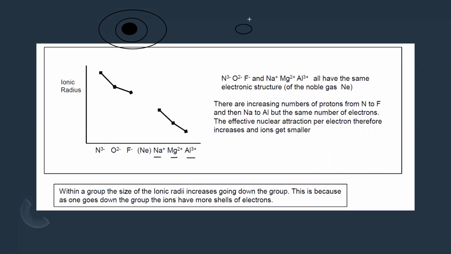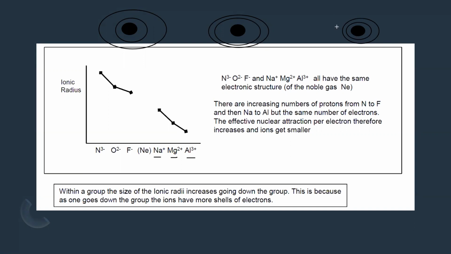Magnesium ion has 12 protons and 8 electrons in the outermost shell, whereas aluminum has 13 protons and 8 electrons in the outer or the second shell.